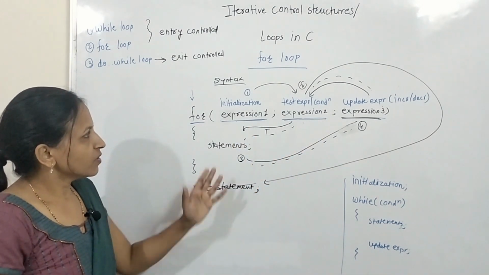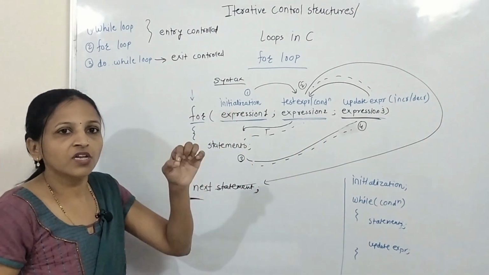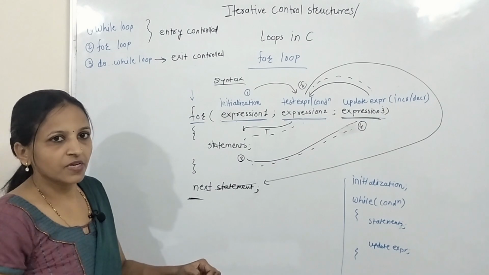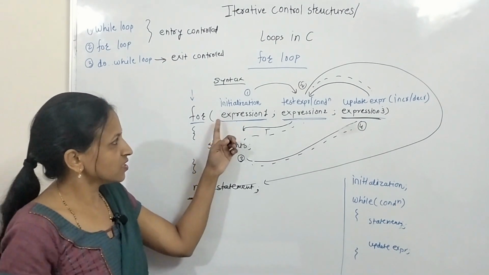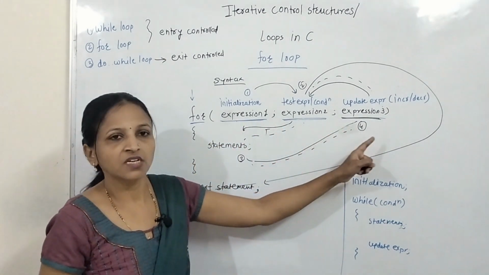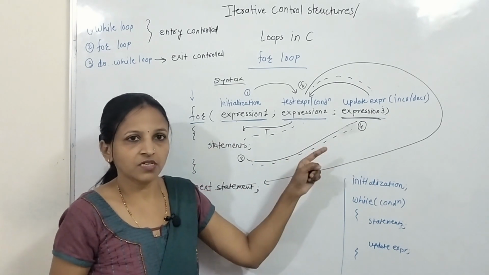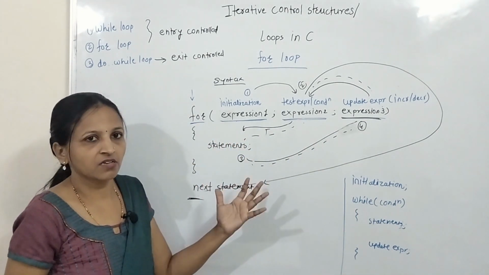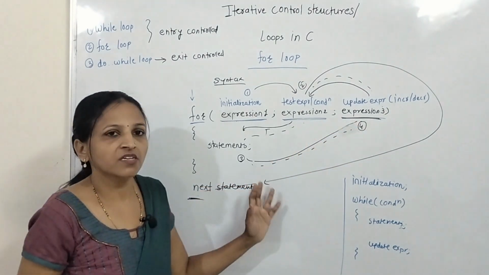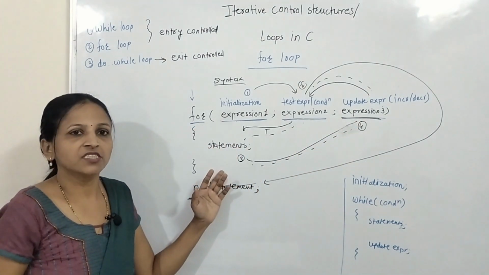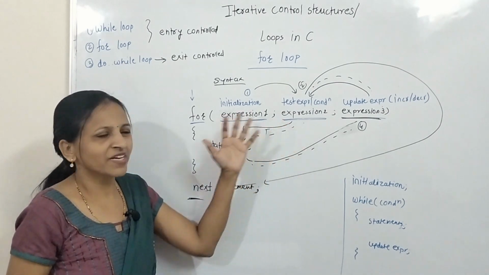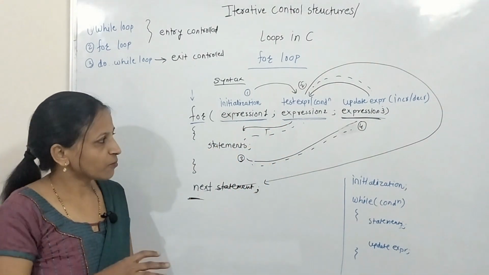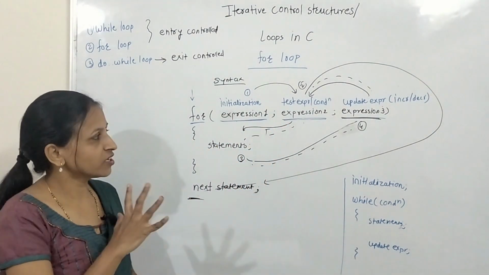In this way, initialization is done only once. Always remember, we write the initialization as part of the for statement, but it is done only once, not again and again. But the condition part, the update part and the execution of the statements get repeated again and again.